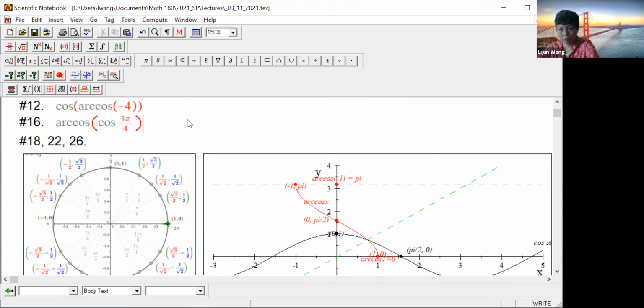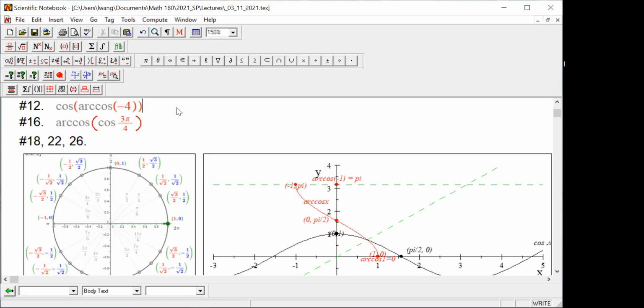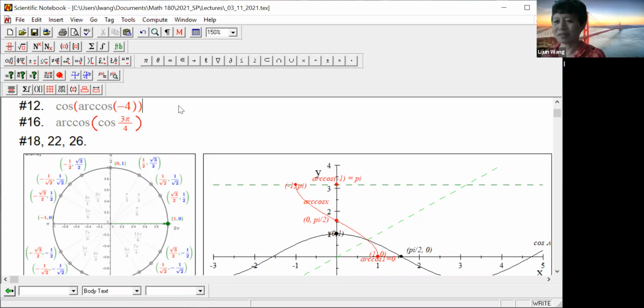What about number 12? It's undefined because it's not in the domain. What is not in the domain? Negative 4. In the domain of what? Arc cosine. That's right. I want a complete sentence. You just say, it's undefined because negative 4 is outside the domain of arc cosine.